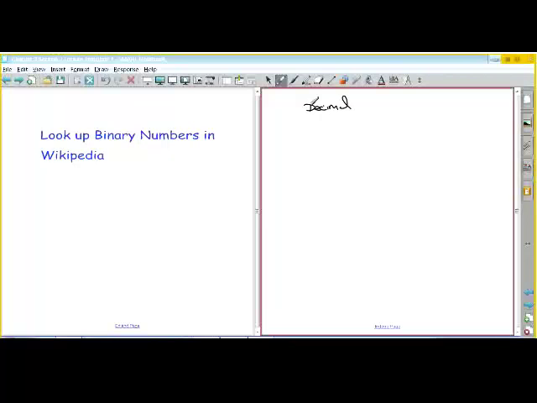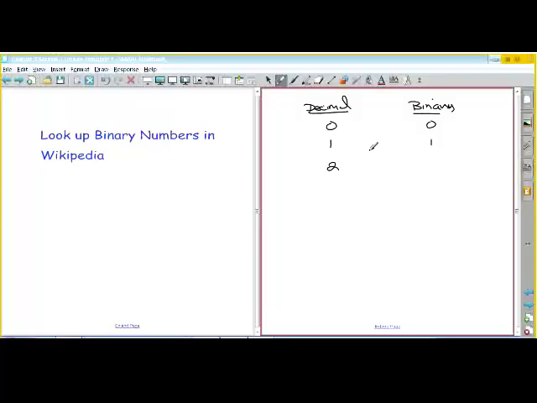We'll call this the decimal number, and we'll say this is the binary number. Okay, so what's the first decimal number? 0. What's the equivalent binary number? 0. The next decimal number is 1. The binary number is 1. Okay, so we've got two numbers that are the same.